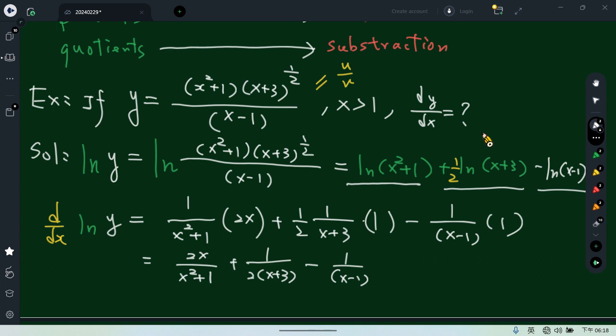Then, because you have to take this one, don't forget the left-hand side, because y here you should regard as a function of x.